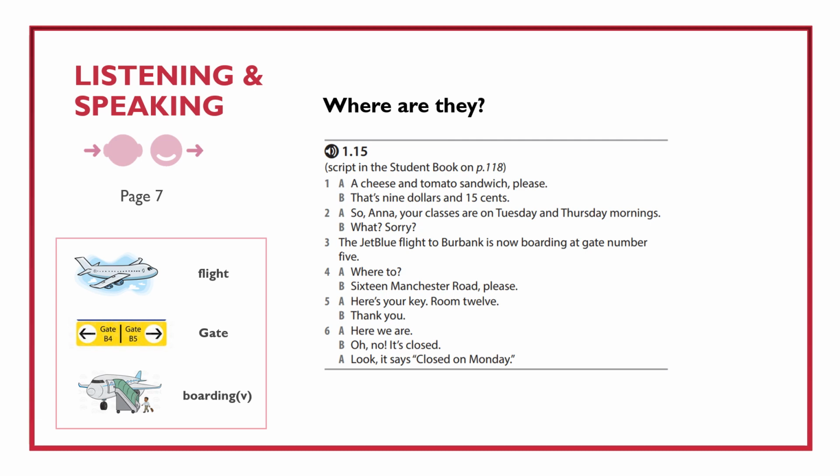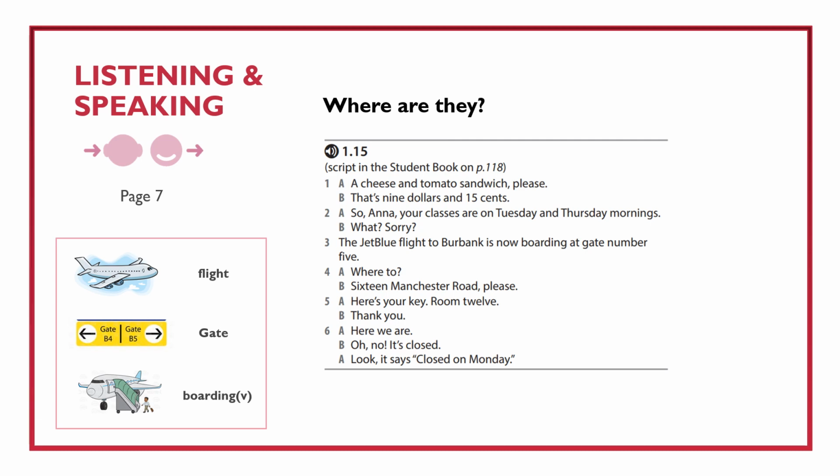Boarding, it means the passengers are getting on the airplane now at gate number 5. So gate is a place where you can sit and wait for your flight and then also board the airplane. So it's obvious this is an announcement at the airport.